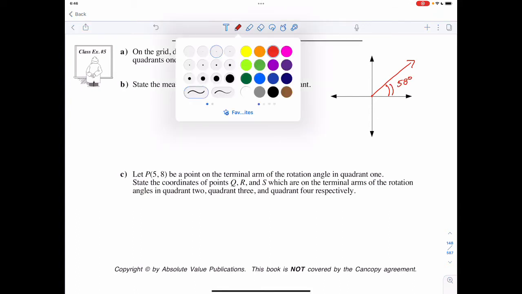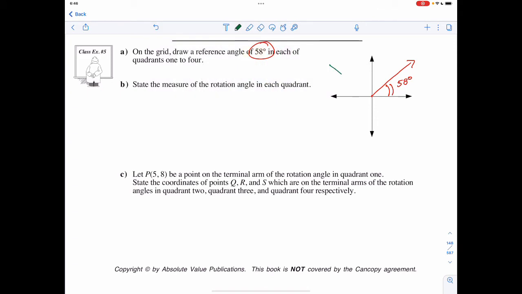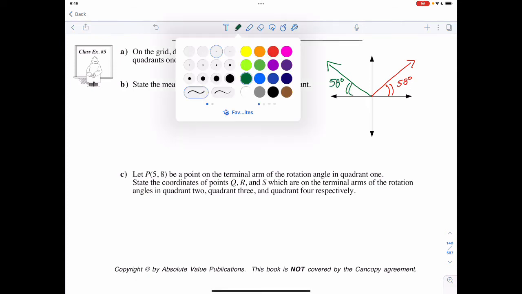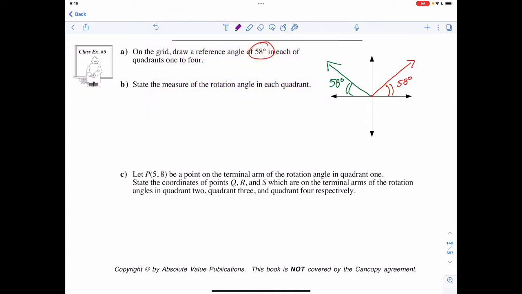I could have that occur in quadrant 2. I could have that occur in quadrant 3. Or I could have that occur in quadrant 4.